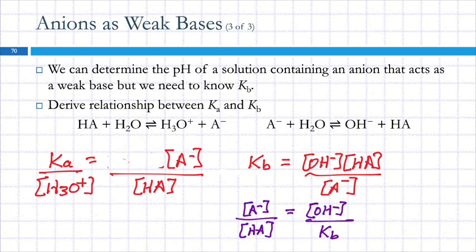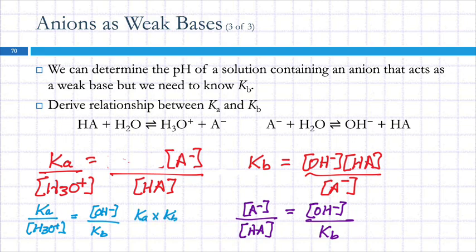So Ka over the hydronium ion concentration is equal to the hydroxide ion concentration divided by Kb. Well, that doesn't look very helpful, does it? Let's cross multiply that.